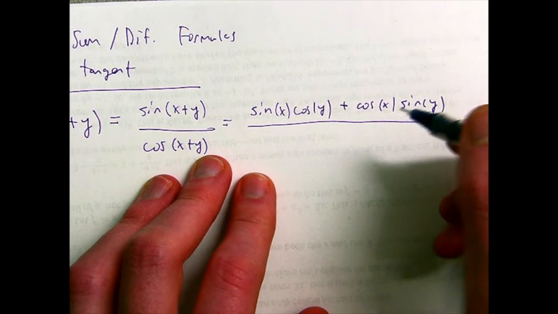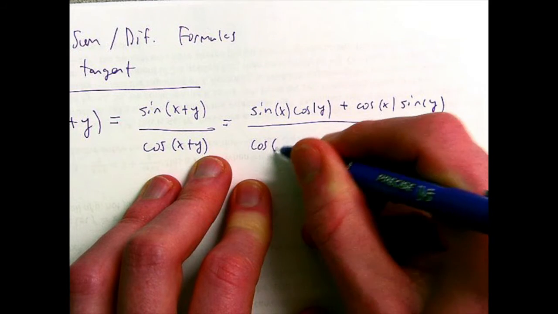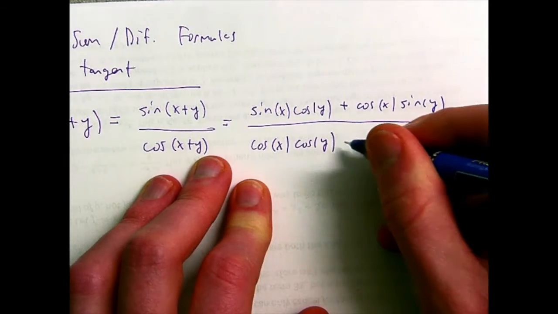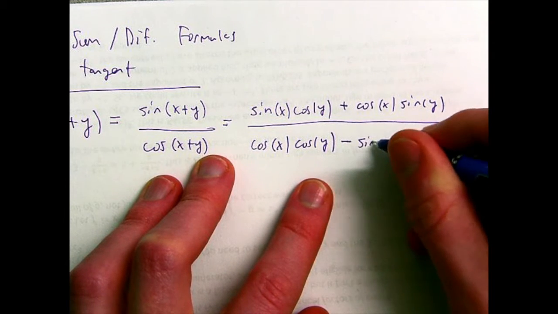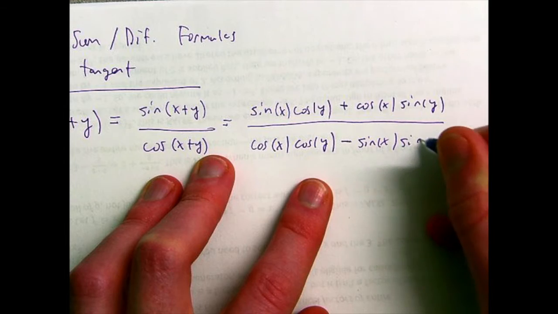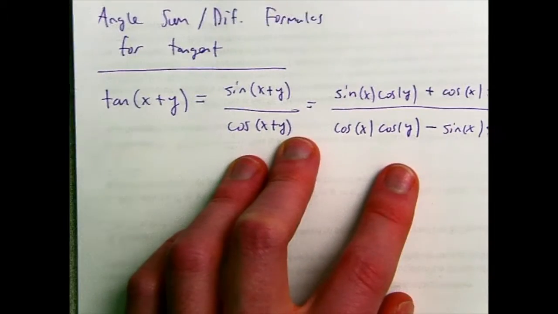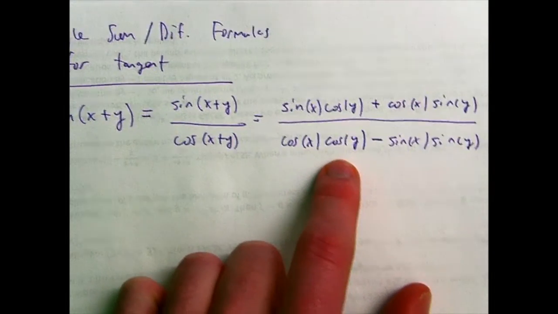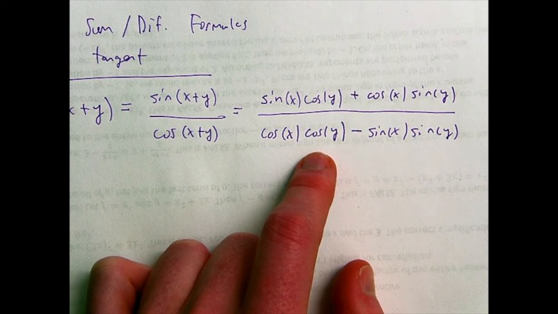Well, that is the cosine of x times the cosine of y minus the sine of x times the sine of y. Well, this is a formula then for a tangent of x plus y in terms of sine and cosine of x and y only. But it turns out that this can be cleaned up by quite a bit.